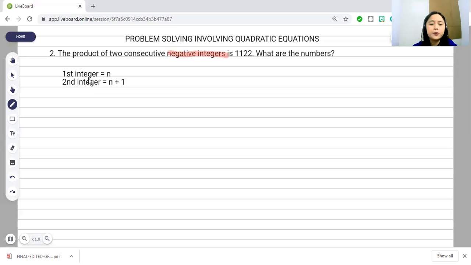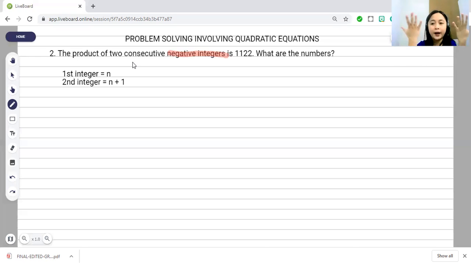Since we don't have any idea of what the first integer is, we will just represent it with the variable n. And since we also don't know the second integer, and since it's consecutive negative integers, to get the number right after n, that's going to be n plus 1. Going back to the concept of consecutive integers, that means one is right after the other.